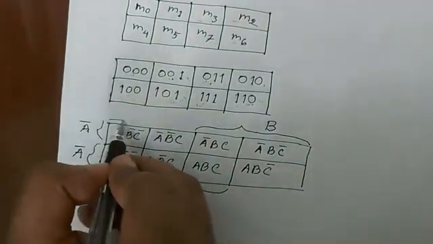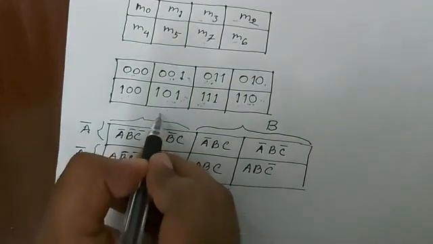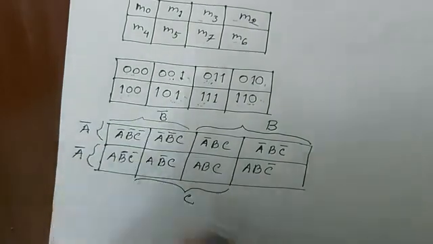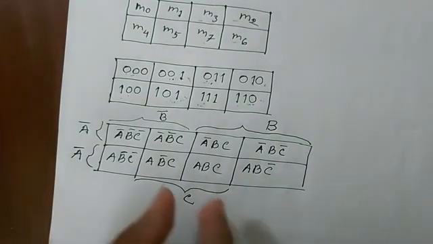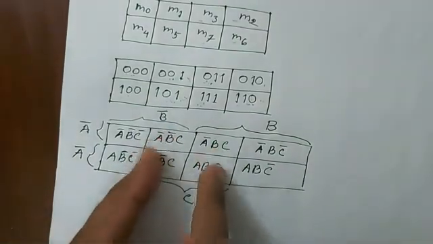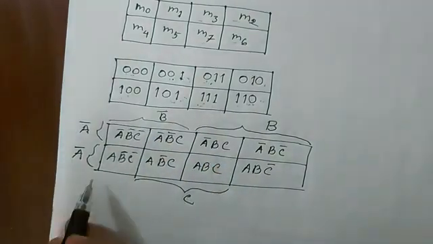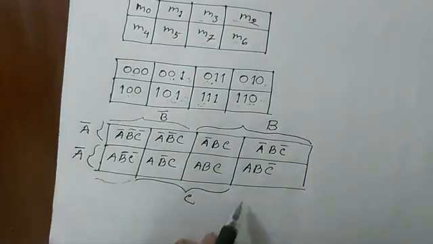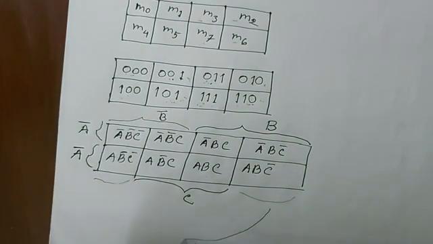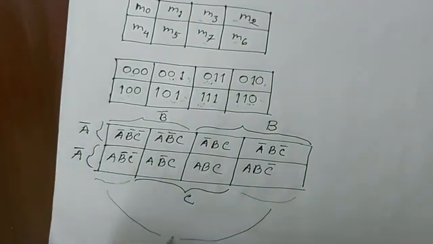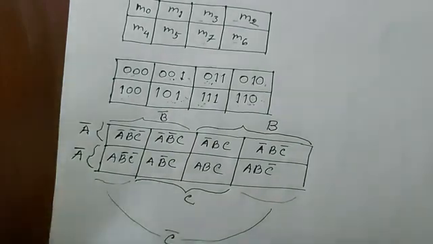And if these two columns are for C, then obviously this one and this one, these two columns, are for C prime.